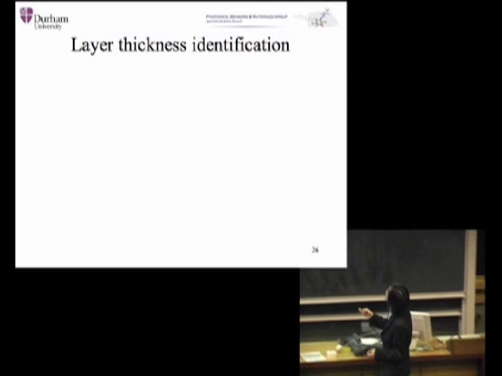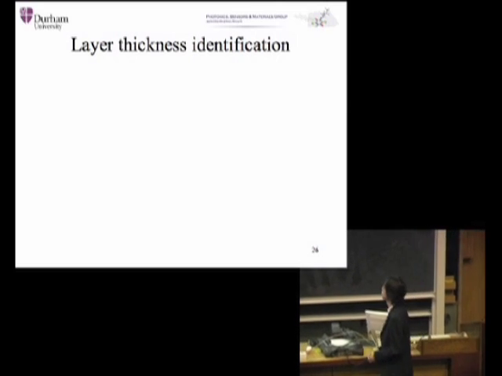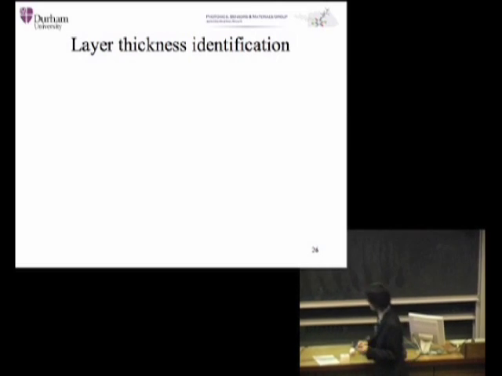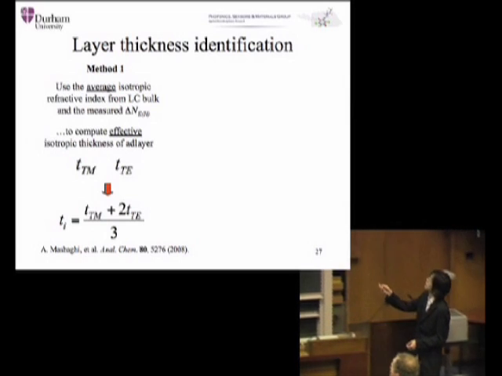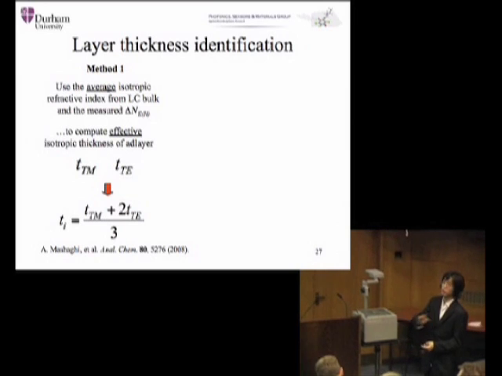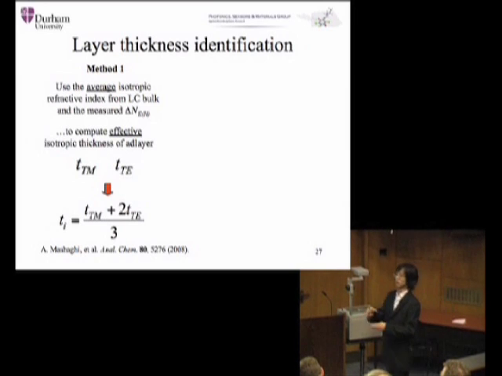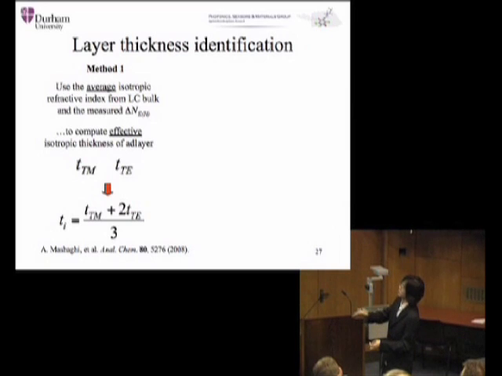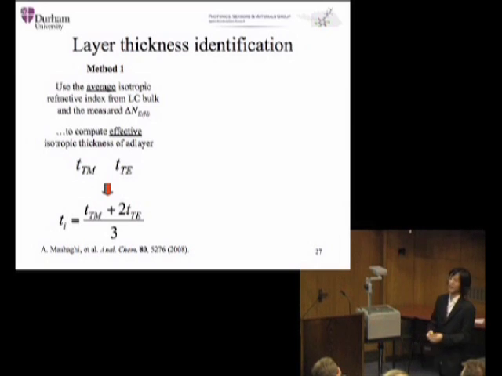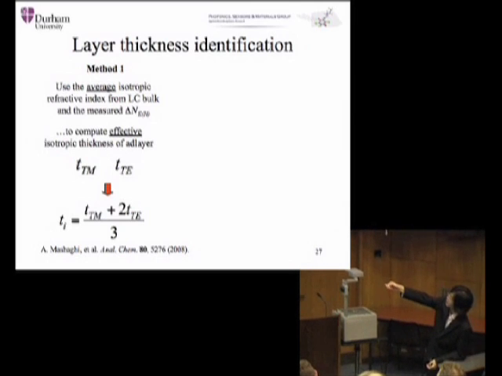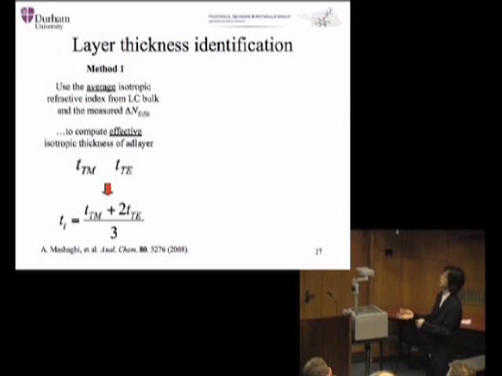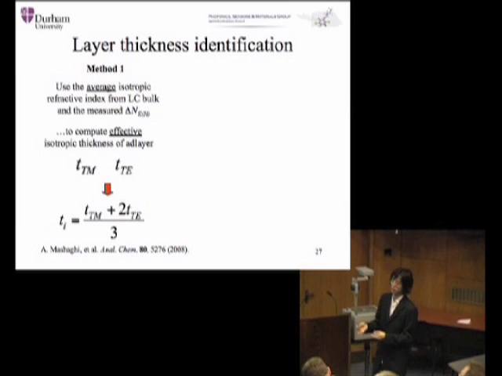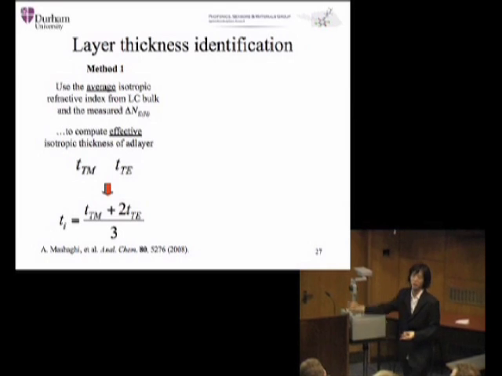So for the identification of the monomer thickness, I'm going to present 2 methods here. The first method is we use the average isotropic refractive index from the liquid crystal bulk combined with the measured effective index changes, and we can compute the effective isotropic thickness of the monomer. These 2 thicknesses are the characteristic thicknesses corresponding to TE and TM, calculated using the 2 phase changes and the average isotropic refractive index from the bulk.